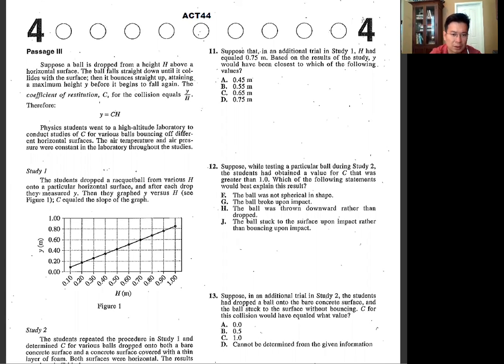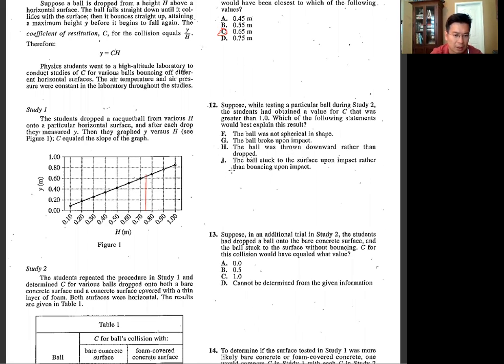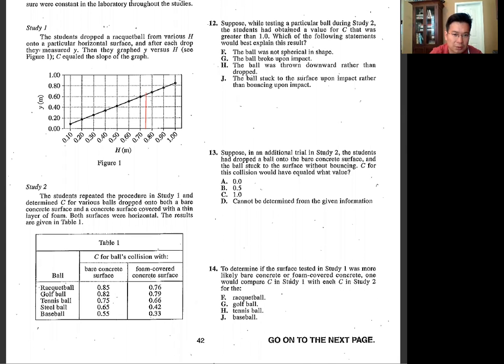Number 11, suppose in an additional trial in Study 1, H equals 0.5 here, and then obviously Y is around 6.5. Number 12, suppose while testing a particular ball in Study 2, the students obtained a value of C greater than 1. There's no value greater than 1 here.